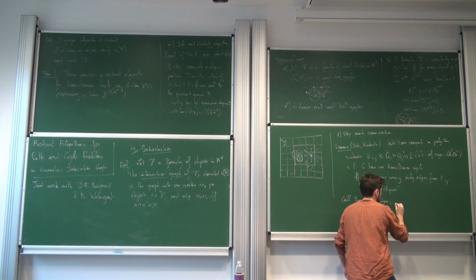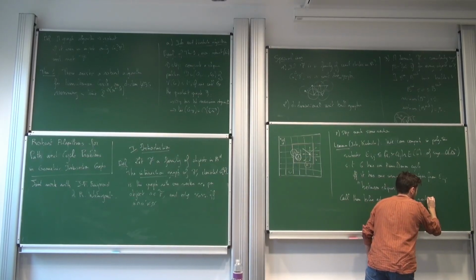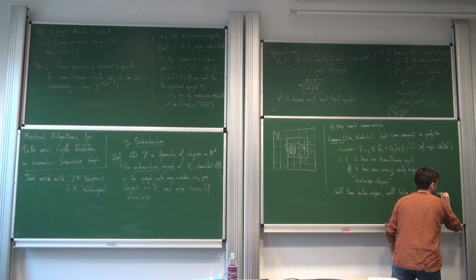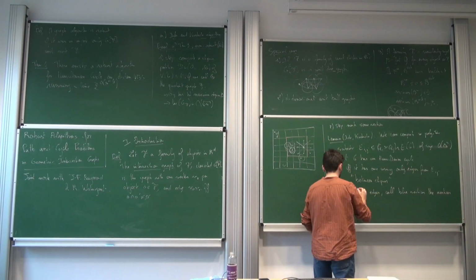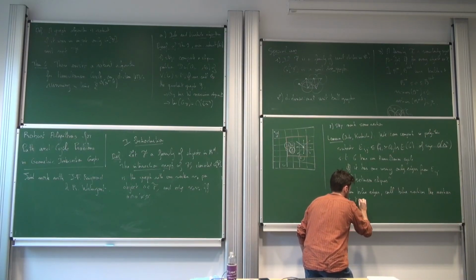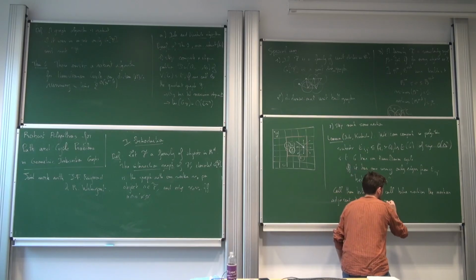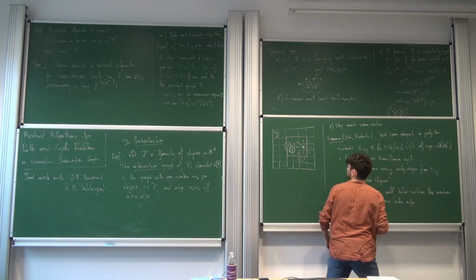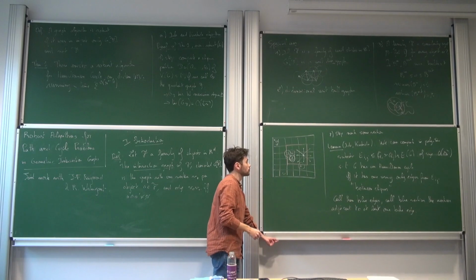And we'll call blue vertices the vertices adjacent to at least one blue edge. So if we come back to, let me maybe make another drawing.